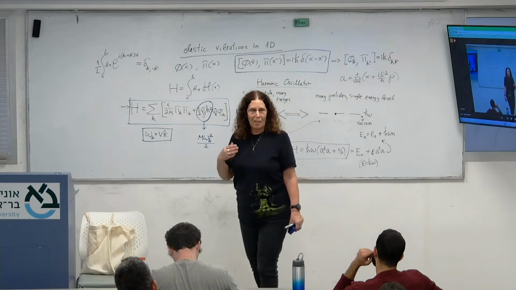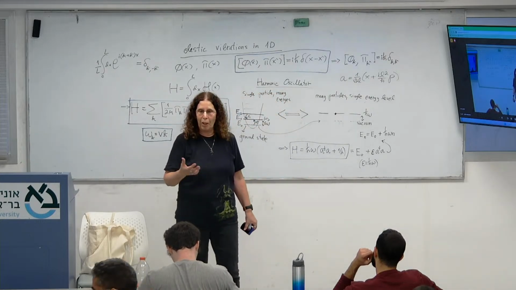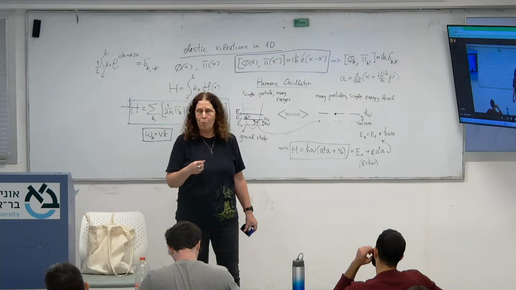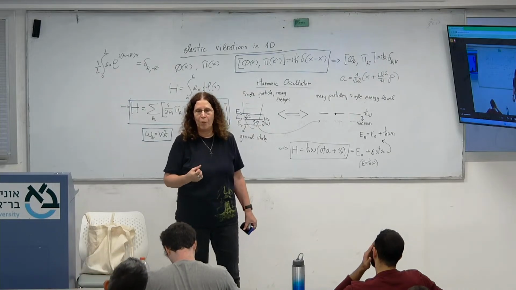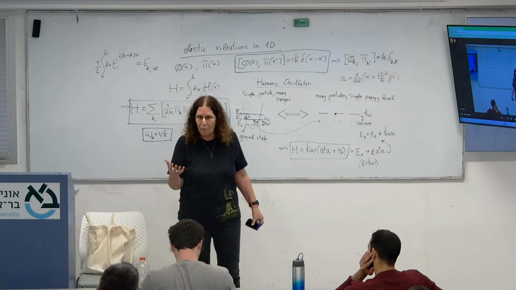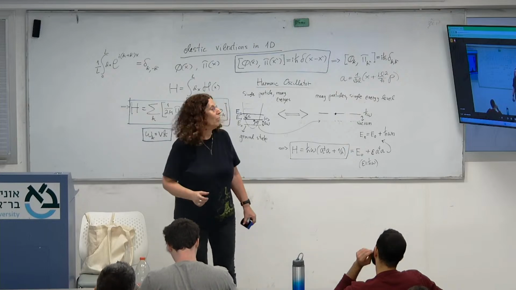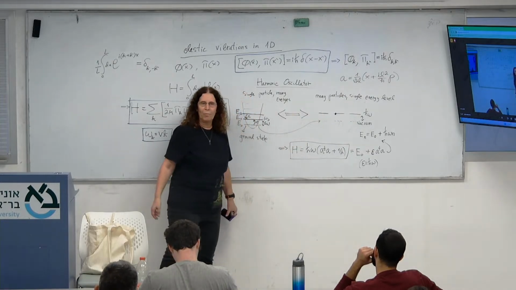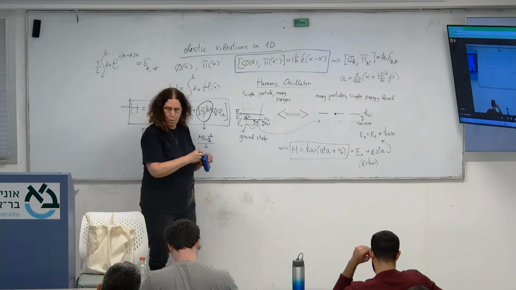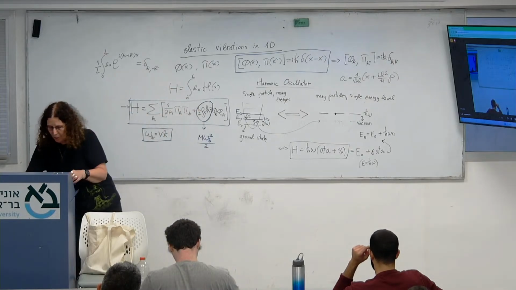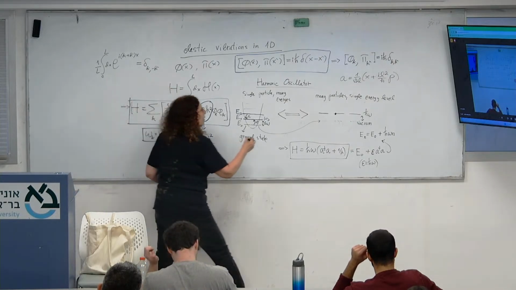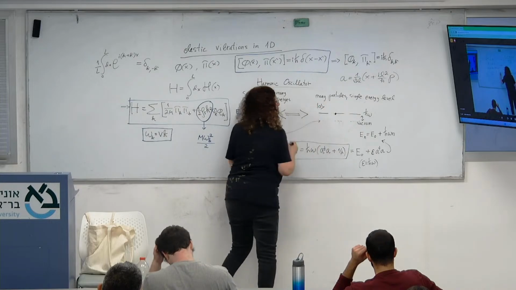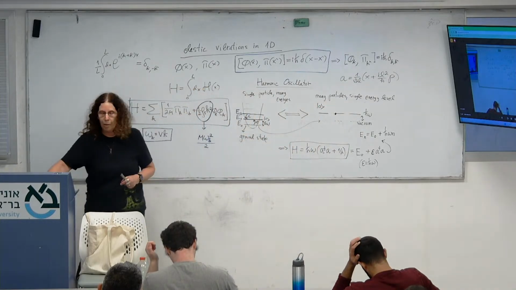Because these are quanta of harmonic vibrations. So they are sound waves. That's why the name is phonon. So here there's no phonon, it's empty. This is the ground state, 0.